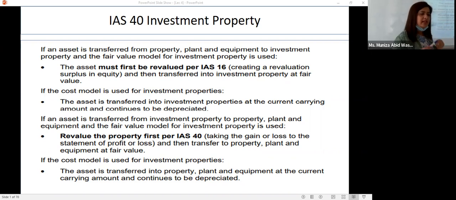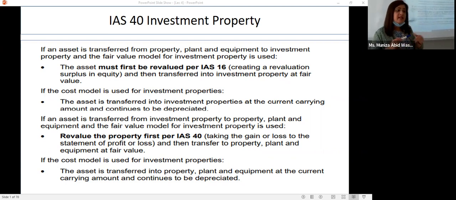Under a cost model, the asset has to be recognized at its cost minus accumulated depreciation minus any subsequent impairment losses. If we are using a revaluation model under IAS 16, then the asset has to be recognized at its revalued amount minus any subsequent accumulated depreciation minus impairment losses.